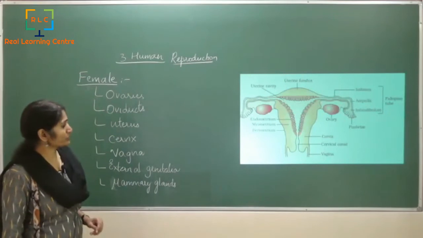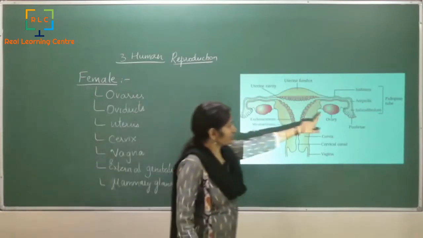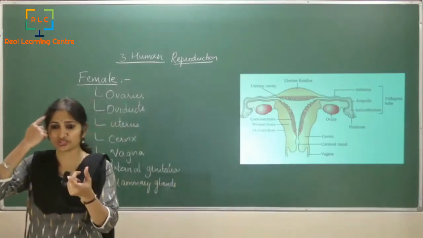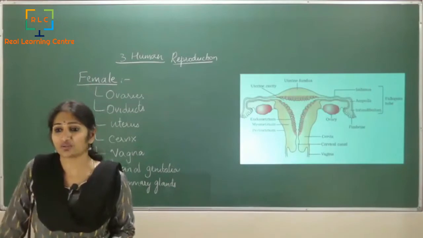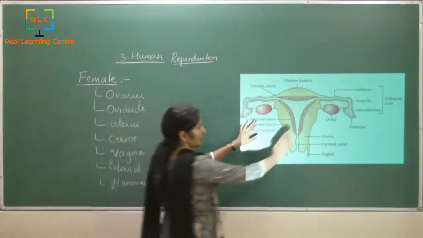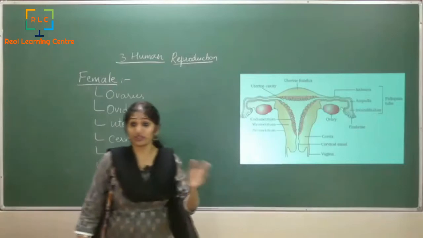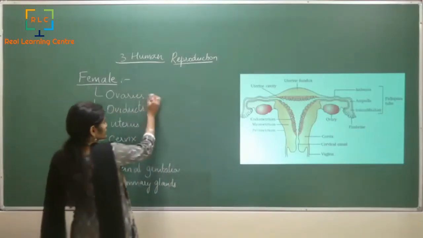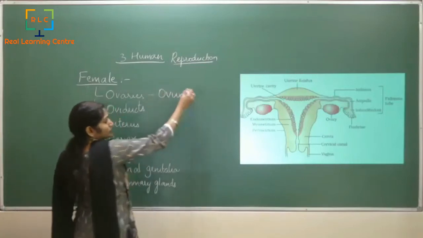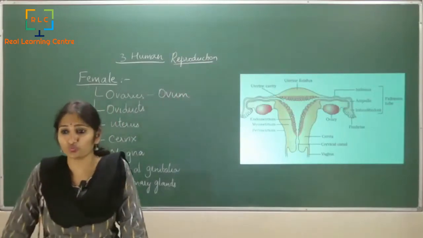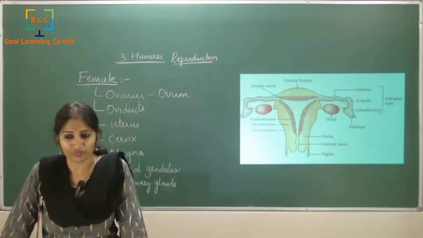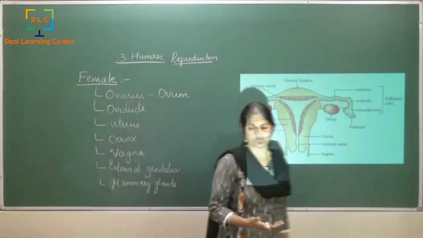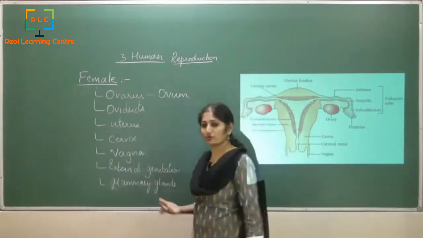If you're talking about that, you see these peanut-shaped, peanut-sized small ovaries, around 2 to 4 centimeters. Now we call these two the primary female sex organs. That is mainly because these are the ones which produce ovum, and not only ovum, they also produce a good number of ovarian hormones.